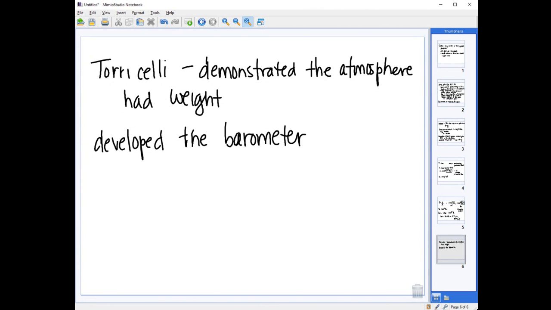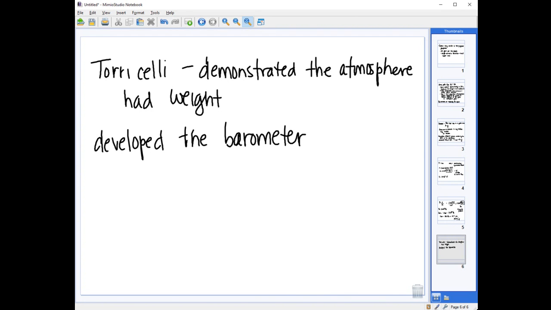It pushes the mercury in the tube until the pressure of the column of mercury in the tube is equal to the pressure on the mercury in the dish. So the height of the mercury column in the tube is equal to the atmospheric pressure. And as atmospheric pressure changes, the height of the column changes.